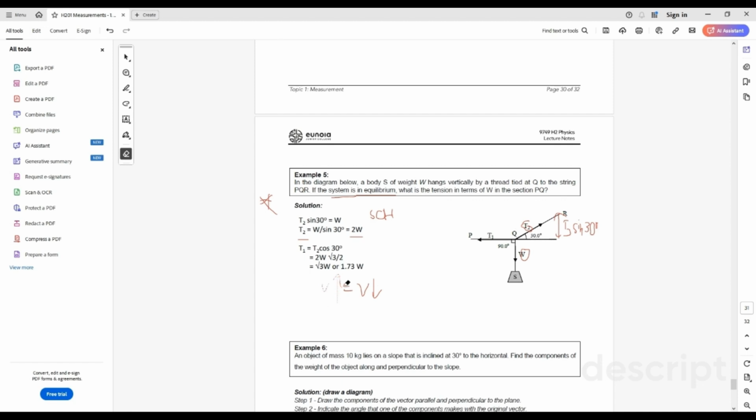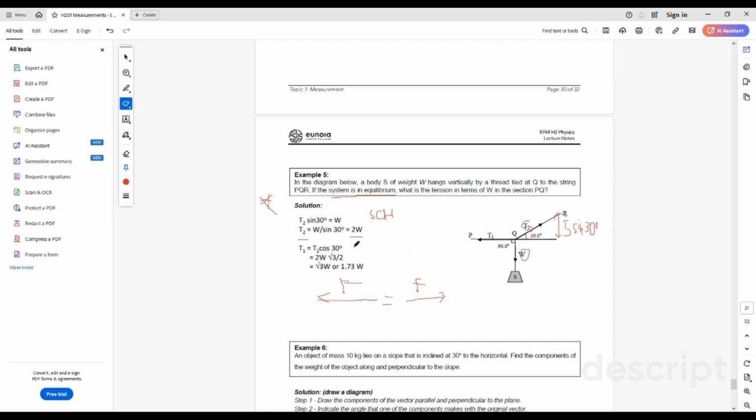And again, since the object is in equilibrium, we can also tell that the horizontal force that's acting towards the left is also equal to the right force that's acting towards the right.